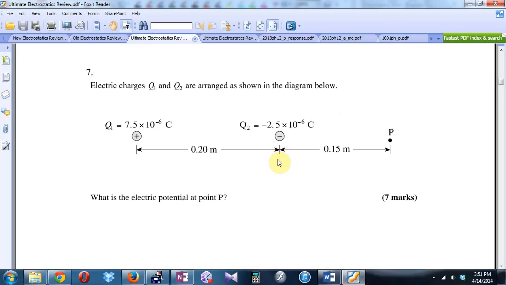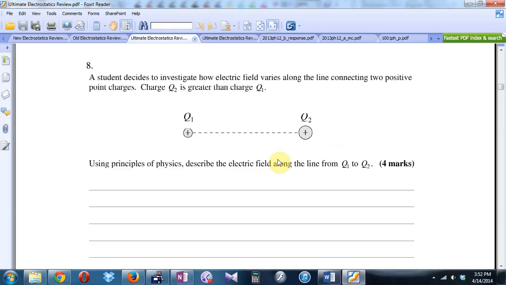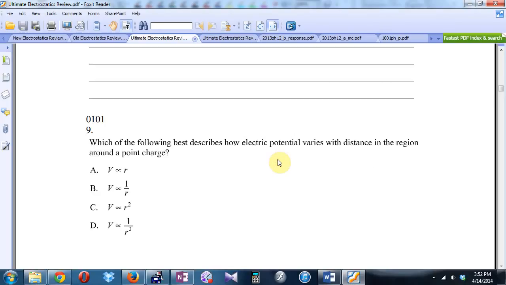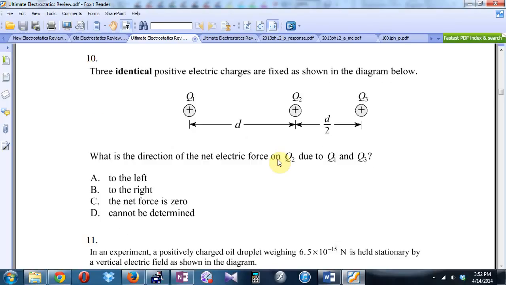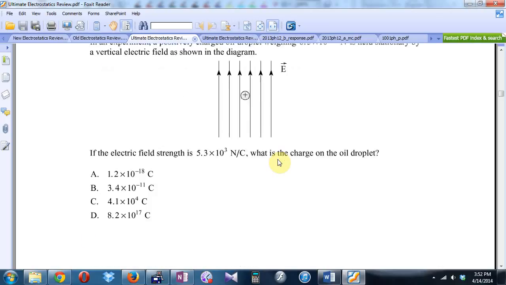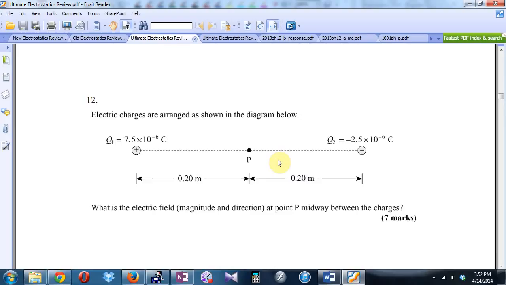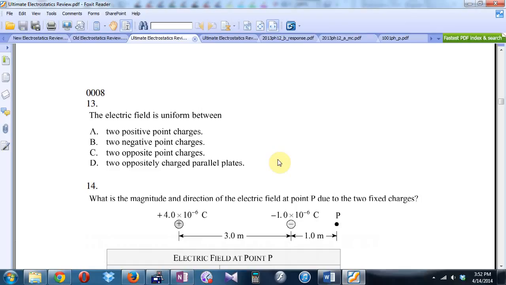Absolutely, I like number 7. Also, I could ask you to find the electric field at point P. I like number 11. Number 12, I absolutely like number 12.